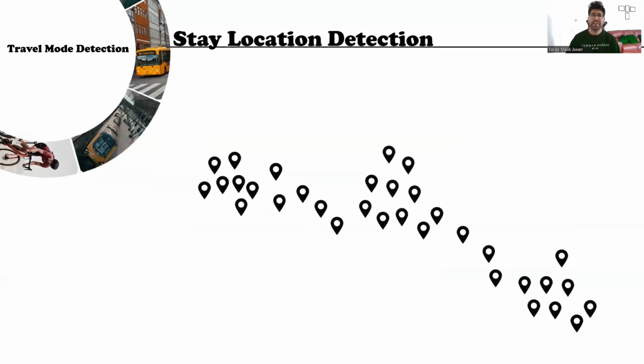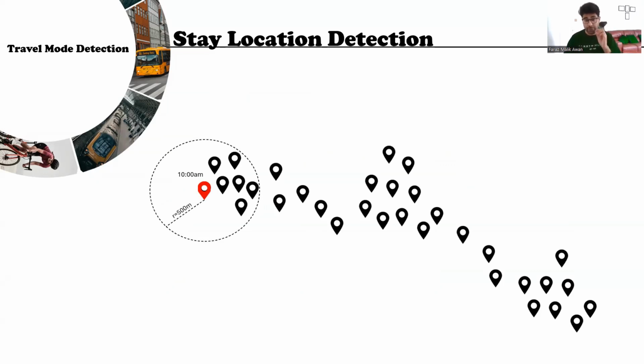In order to understand the stay location detection process, consider the following GPS points generated by different apps installed in the smartphone of some user A. These GPS points were generated in a particular time interval. So we choose the first GPS point and encircle all the neighboring GPS points within a 500-meter radius.